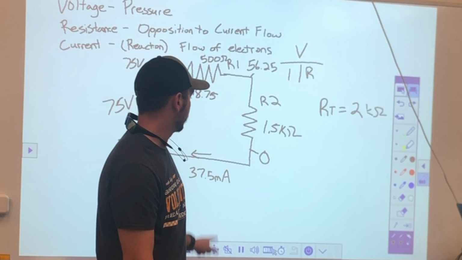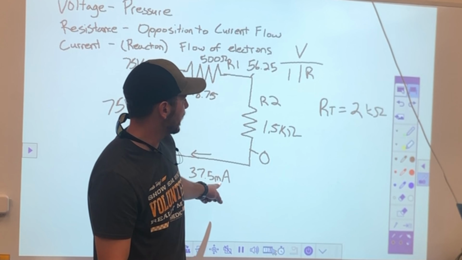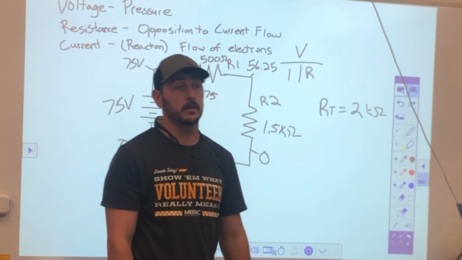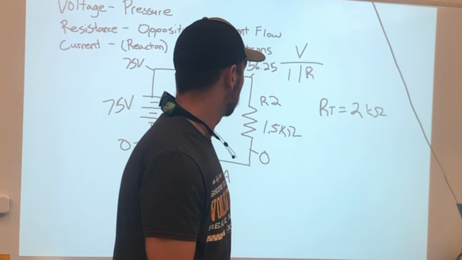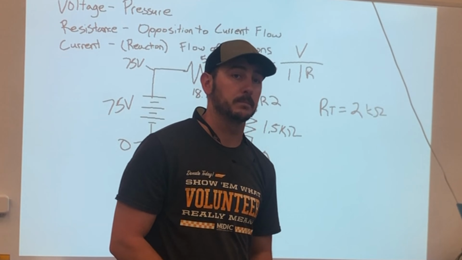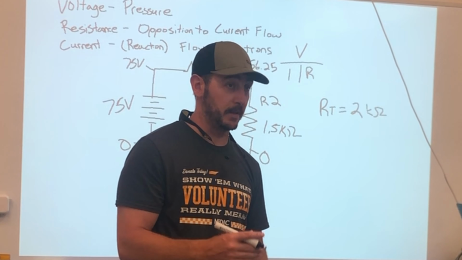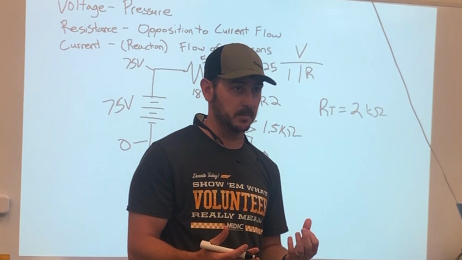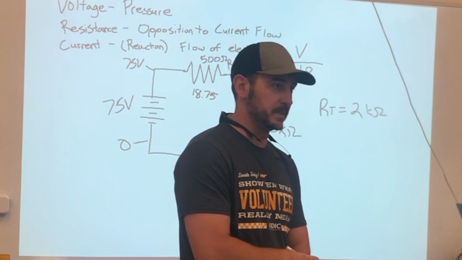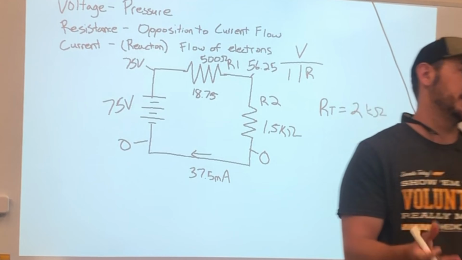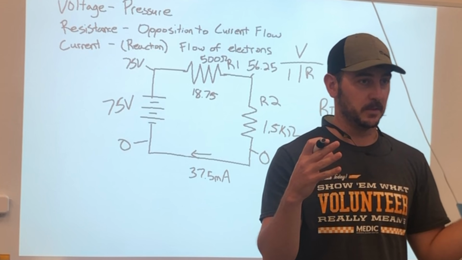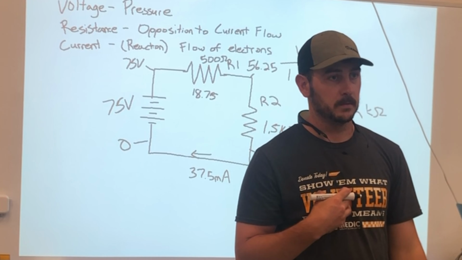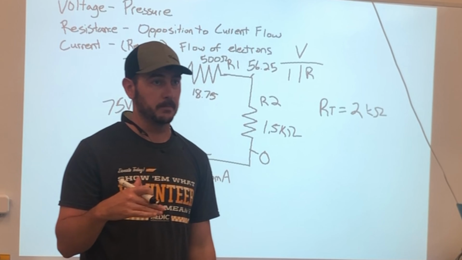Go ahead and do the math on it. 0.0375 times 1500 is 56.25. Okay. So the law stands true, right? It drops completely. The resistance changed the current, it changed the voltage drops, it reacts to the changes that we make and the laws stay true, okay?